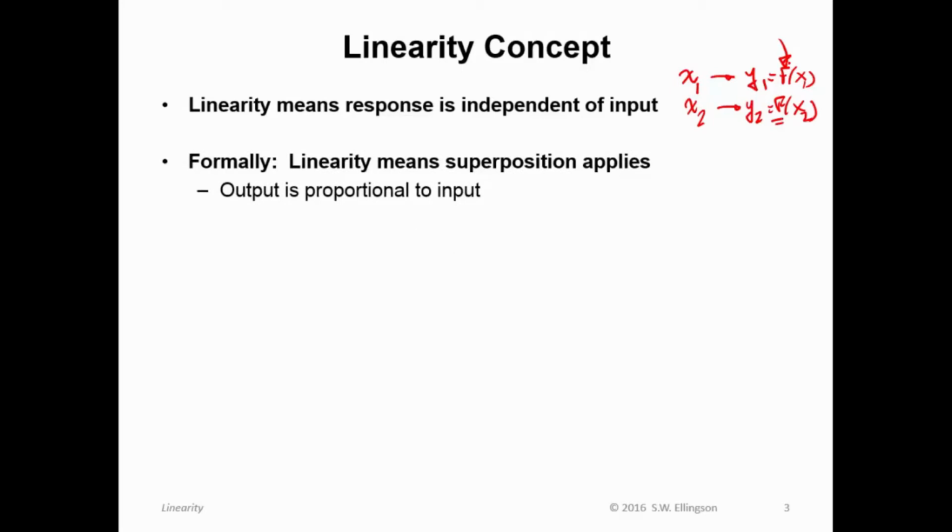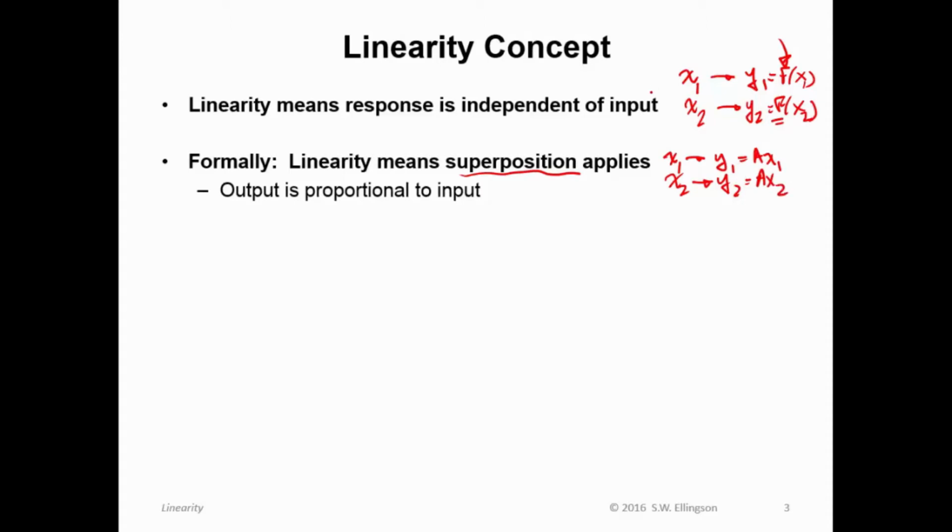We sometimes use the concept of superposition to define what we mean by linearity. And what we mean there is something a little bit more specific. So in this case, if we say we have some input x1, we say that the output is some constant, we'll call it A, times the input. And then if we have some other input, x2, then we can compute its output as A x2.